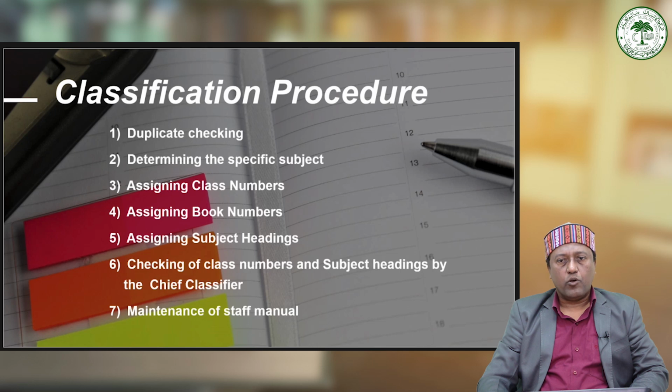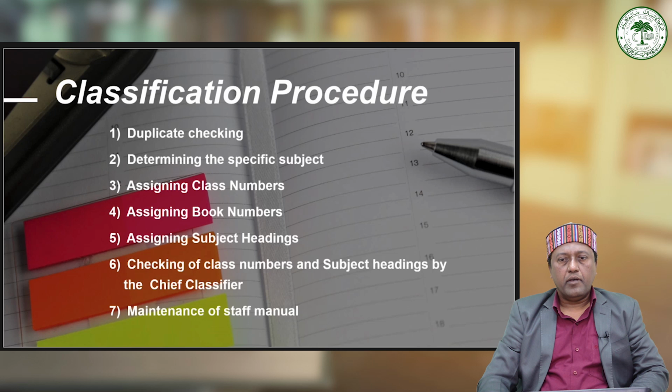Third, we have Merrill's author table, another variation of Cutter's system, developed by William Stetson Merrill, which offers further refinement for author arrangement. Then we have the author table of L. Stanley. L. Stanley devised his own author table, likely with specific adaptations or modifications to suit the needs of a particular library or collection.